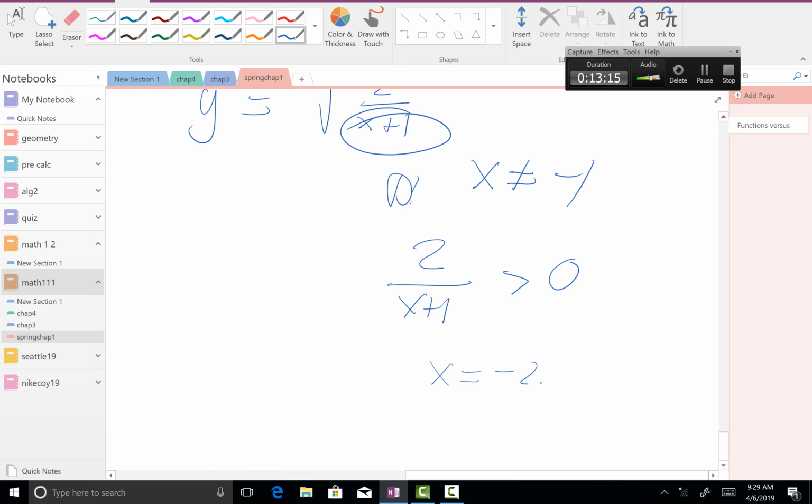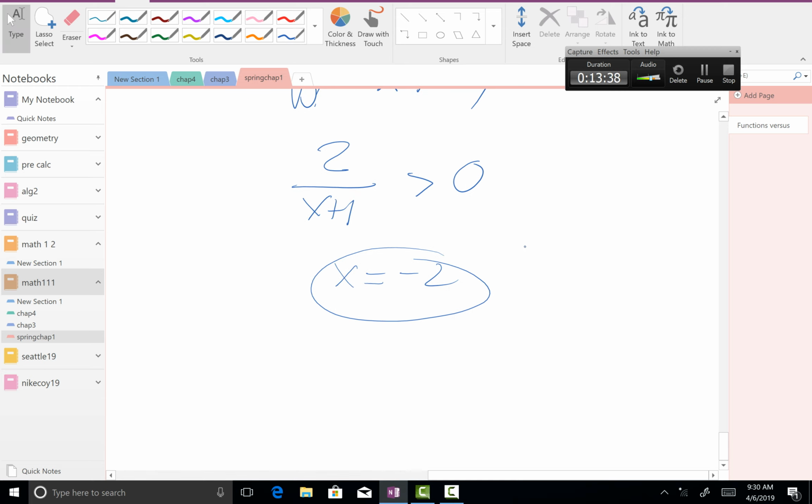Could we have a negative 2? Would that be okay? What if we had negative 2? Would that work? No, we're going to get a negative down here, right? How about negative 1.5? Would that work? No. So we have to make sure this x plus 1 is not negative. The 2 is always positive, so we're okay with that.